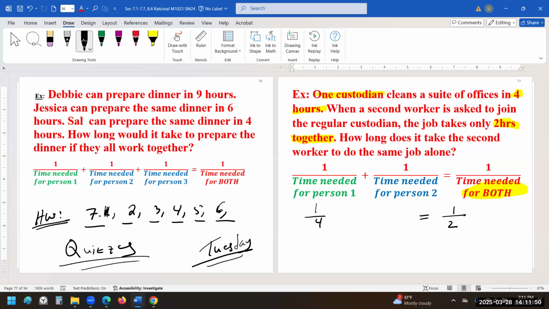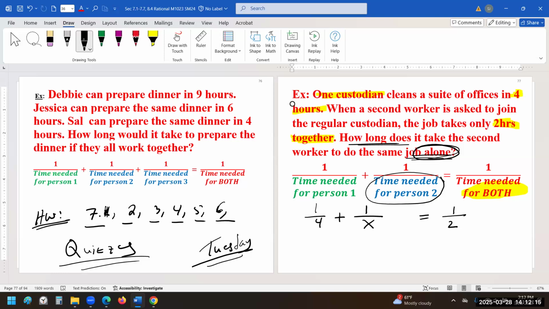Together is always single on one side. Then the middle would be 1/x. Exactly. We don't know for the second person how long it takes. The single job alone, we don't know, so it's 1/x for the middle.